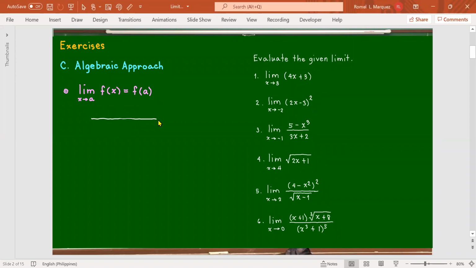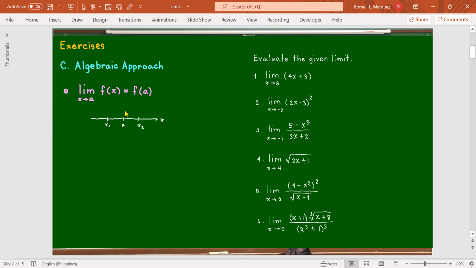So let's say this is my x-axis, and then I have my x equals a here. And then here we have x sub 1 to the left, and to the right, we have x sub 2.